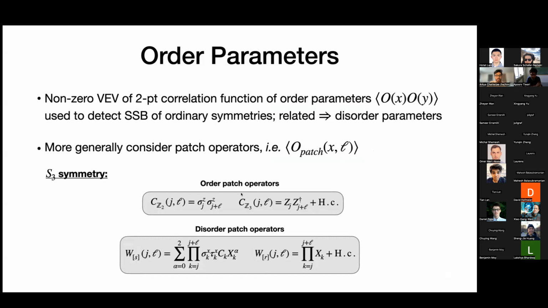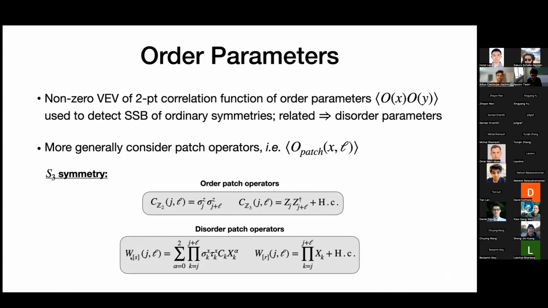For S3, the order patch operators, the charge patch operators, have a trivial string, so you just have local operators at sites j and j plus L. But the disorder patch operators are these string-like operators coming from restricting our symmetry operators to a finite patch.